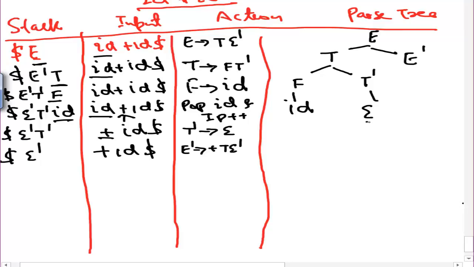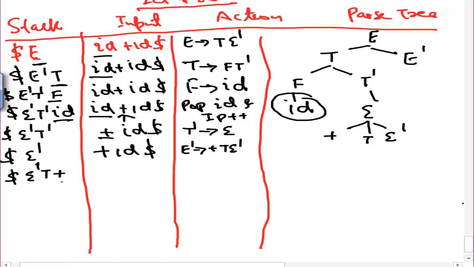Expand this to plus and t and e prime. Basically I found the id here, and now it's time to find the plus. Now push them here, dollar, because you're using it in place of e prime, so e prime is gone, but you have to push this e prime on the stack and t and plus.